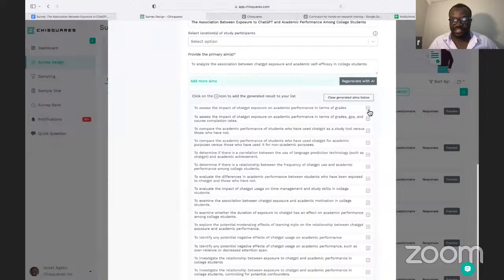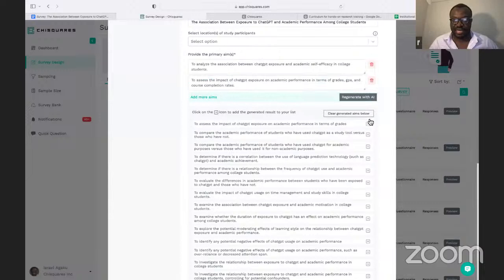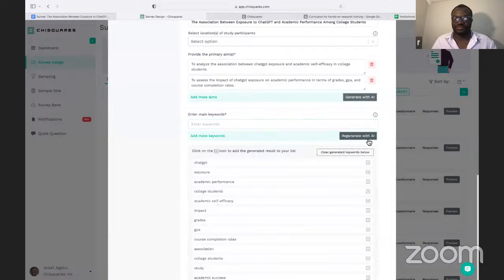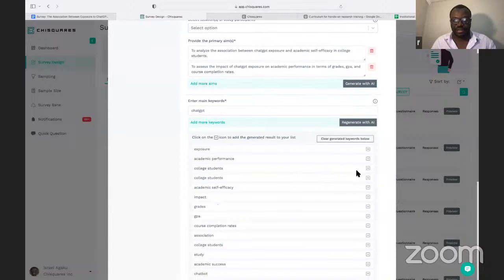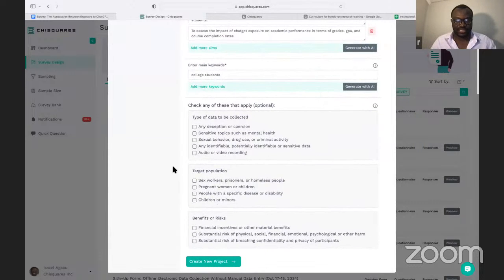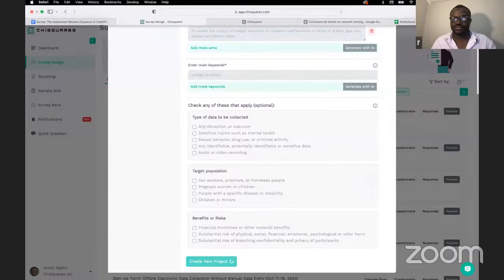I'm going to select just a couple of them so that we can proceed, and clear the remaining ones away. The keywords, I'm going to ask AI to also suggest those for me. I'll select ChatGPT and, let's say, college students, and clear the remaining ones away. And then let's create new project.